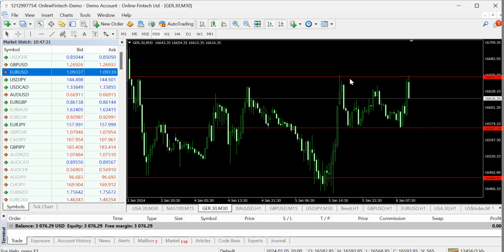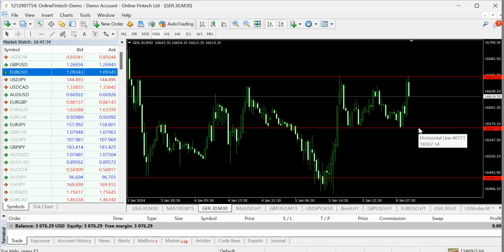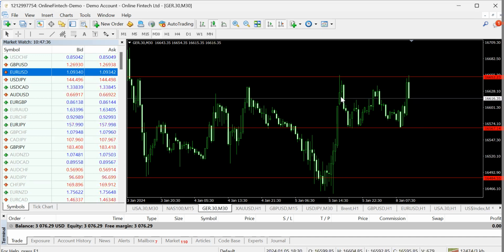Or if you're brave enough, considering these 2 as a sort of double top, considering this touch, even this touch, you can enter a sell immediately and be brave. Once the market gets to 16,567, then you can lock your profit. So you put your stop loss around this position, then you watch the market.